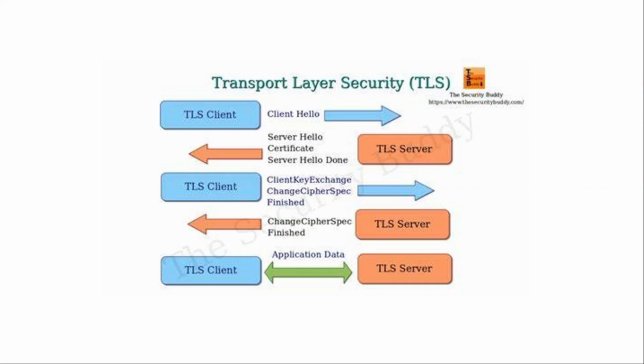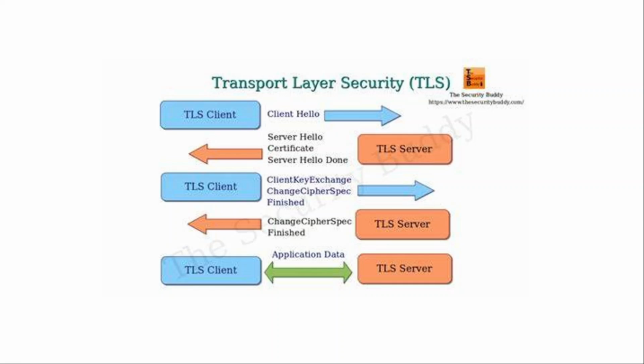As we know, web applications all work over HTTP, or Hypertext Transfer Protocol, which in itself is an insecure protocol. Anyone in a man in the middle attack who eavesdrops on the packets can easily see what communication is going on, what data is being transferred between client and server.